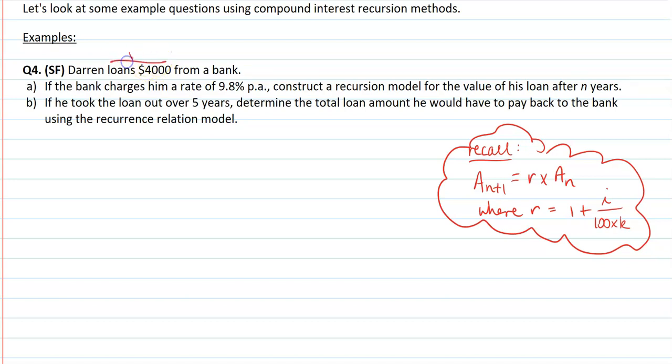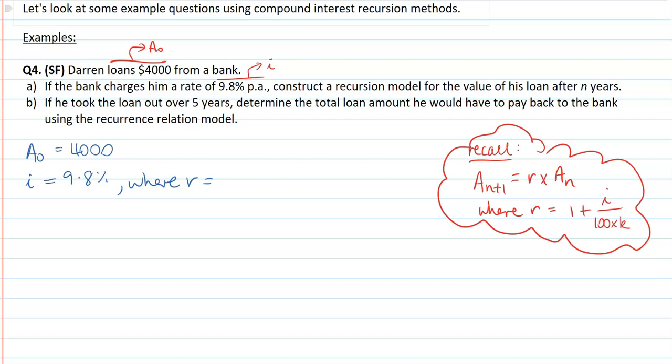So firstly, I hope everyone would always annotate important information. So he's loaning $4,000, that's our principal amount. The rate of 9.8% per annum, that's the normal rate. We don't have to convert anything using K. We just simply work out our rate using the 1 plus I over 100 by 1. Right, and like every good math student, you would write down your facts.